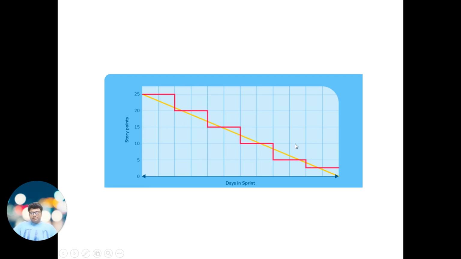So this is the ideal burndown chart. So it's always very important to coach all the developers about the burndown chart and start looking at the burndown chart.